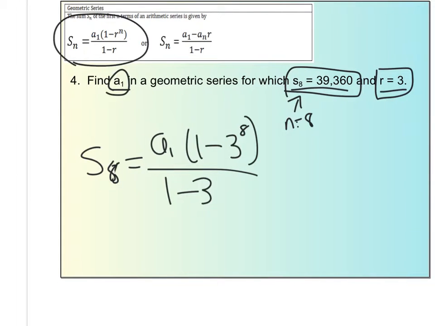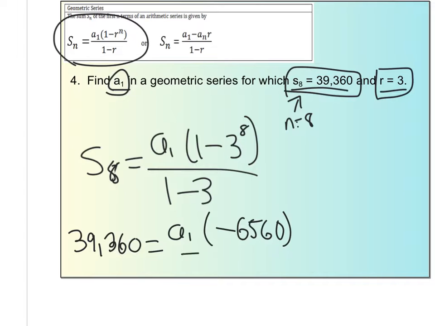So if I do this, 39,360 equals A1 times... 1 minus 3 to the 8th is 6561. So if I take 1 minus that, I get negative 6560 over negative 2.